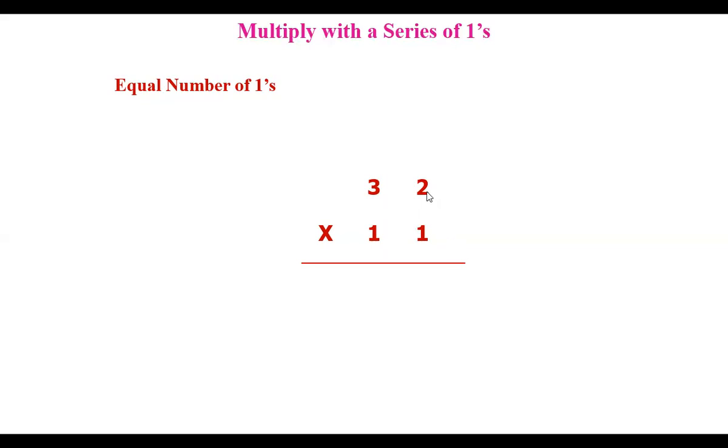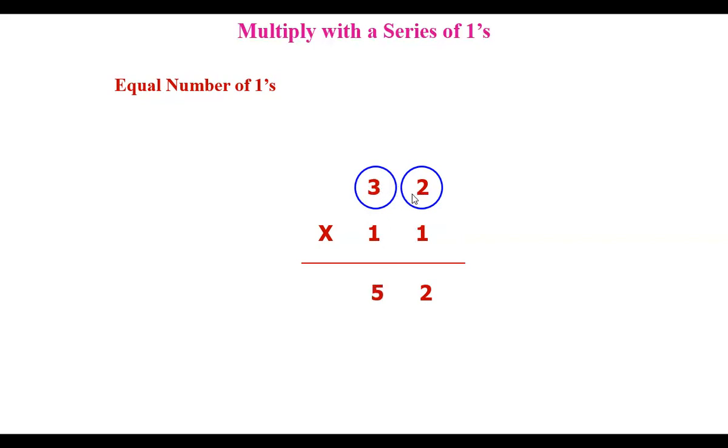Let us see. Suppose I start with only one number first. This is 2. 2 is put here in the units place. Next, 2 digits, the 2 and the adjacent one: 2 plus 3, 5. So 5 is put here.